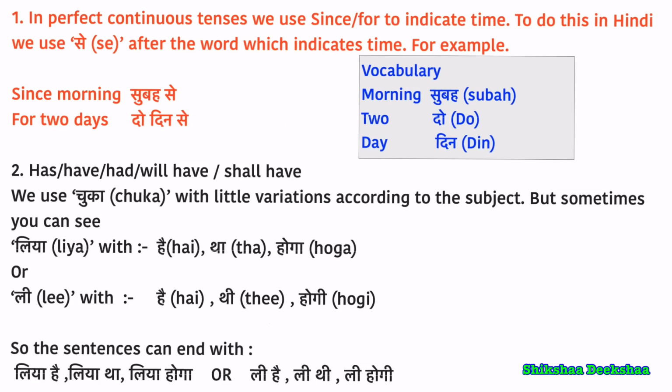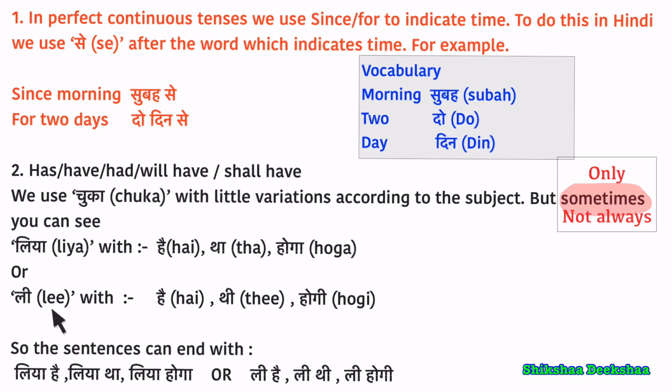Okay. So the second thing you need to know is this. You have learned that for these helping verbs we use chuka with little variations according to the subject. But sometimes we also use liya or li. We treat liya as masculine gender. So after liya comes hai, tha or hoga, present, past and future.